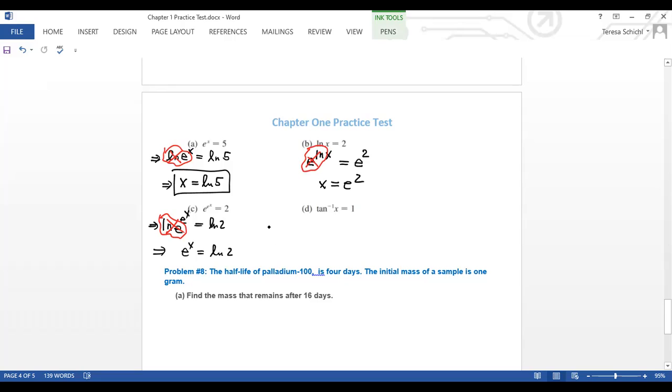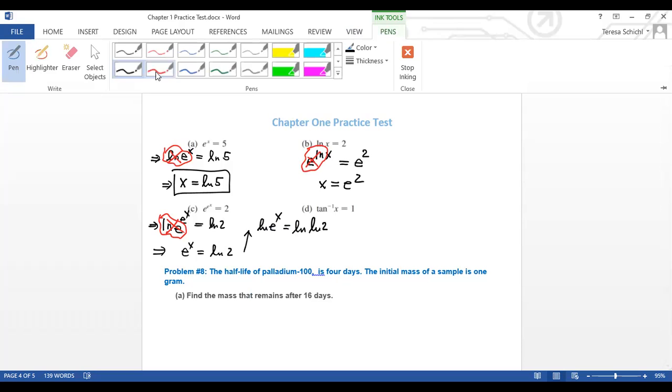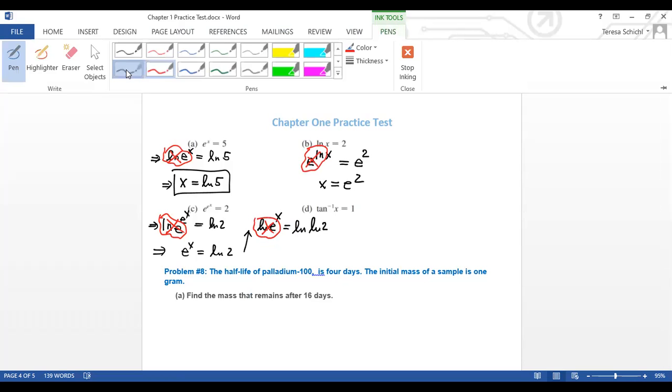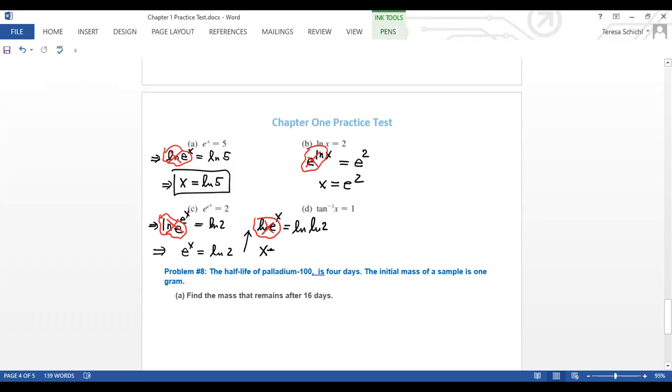Let's do the natural log one more time: the natural log of e to the x equals the natural log of the natural log of 2. The natural log and e cancel, so what is x here? X is equal to the natural log of the natural log of 2. Cool, huh?